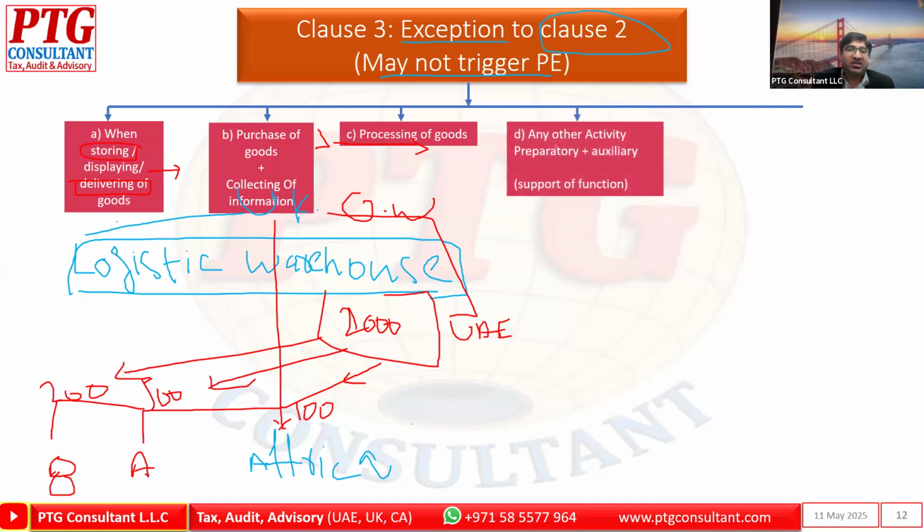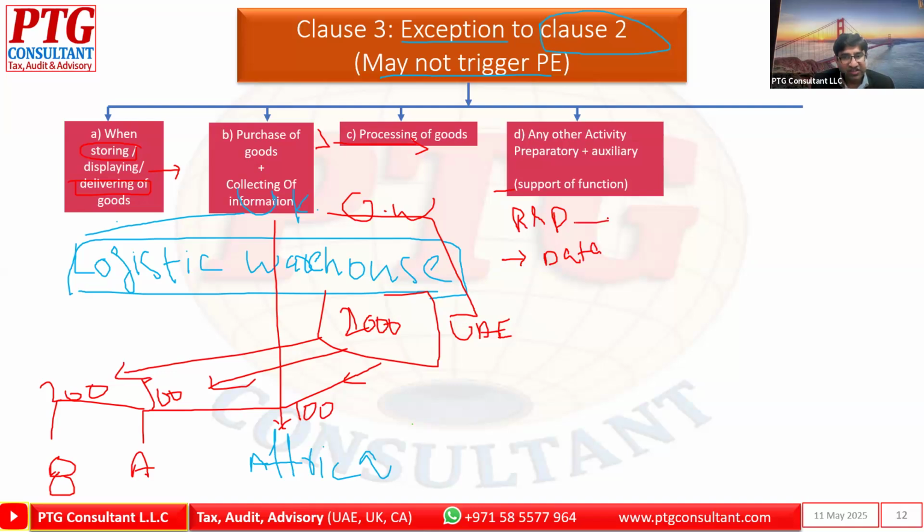Any other activity, preparatory or auxiliary, a support function. You send your team from the UK to UAE, say the R&D team. They will come here and take local market analysis. They will take data from the market and do research on whether the product we have, which we will launch in UAE, will be a good market or not.